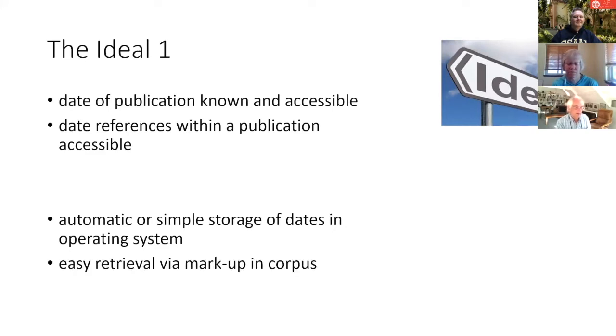And then it would be very easy in an ideal world to retrieve dates by some sort of markup. And we could look at them and say, this text talks about this date and that date and the other date. And we could then represent the kind of world they're talking about in that way.